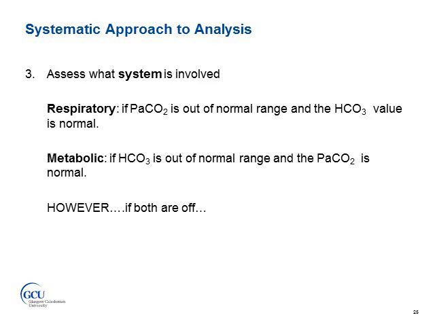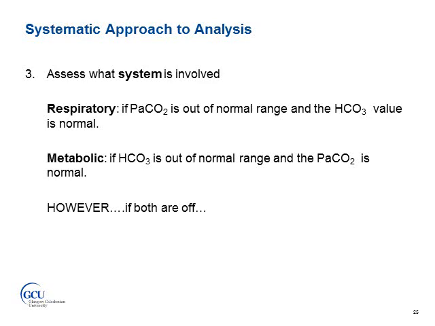The next step is to assess whether the respiratory or metabolic system is involved. You need to look at both values and see if they are either normal or out of range. If the partial pressure of carbon dioxide is out of normal range, but the bicarb value is normal, then it is the respiratory system that is involved.